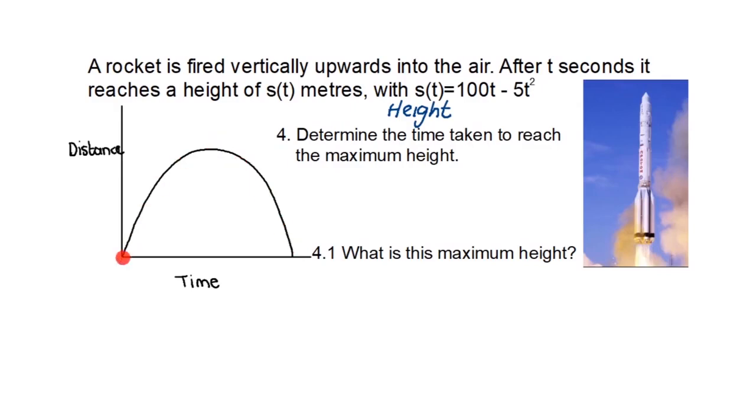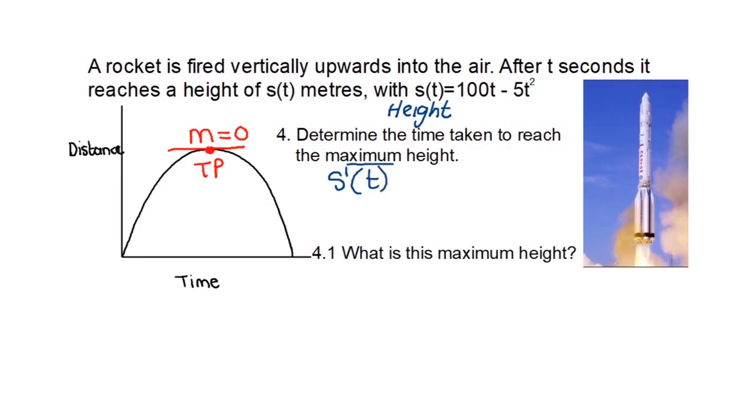So if they want to know where will this graph be at its maximum, it will be there at the turning point. So what do we know? What happens at the turning point? There at the turning point, the gradient is 0. And what did we say is gradient? We said the gradient is the derivative of this specific formula, the distance formula.